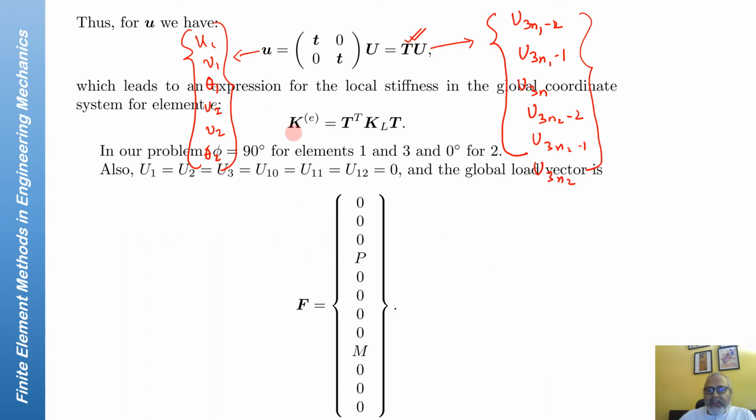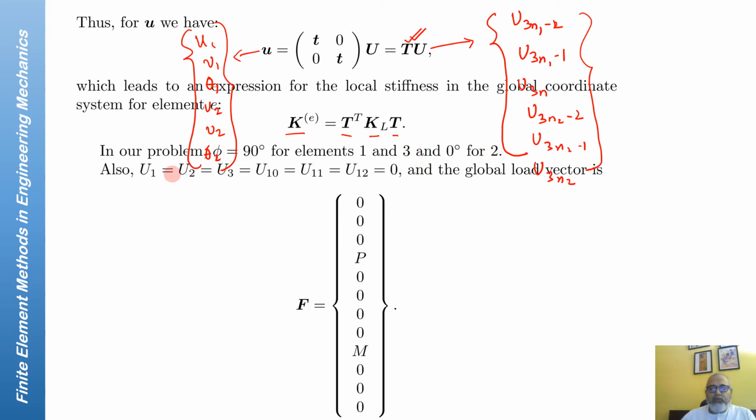So for a generic element rotated by an angle phi with respect to the global axis, the local stiffness matrix in the global coordinate system is T transpose K L T, just like in the case of the truss. In our problem, phi is equal to 90 degrees for elements 1 and 3 and 0 degrees for element 2.